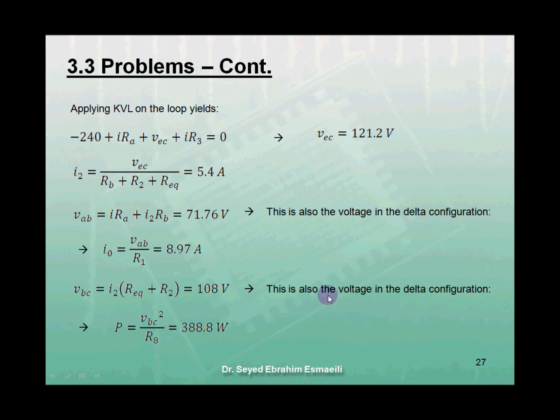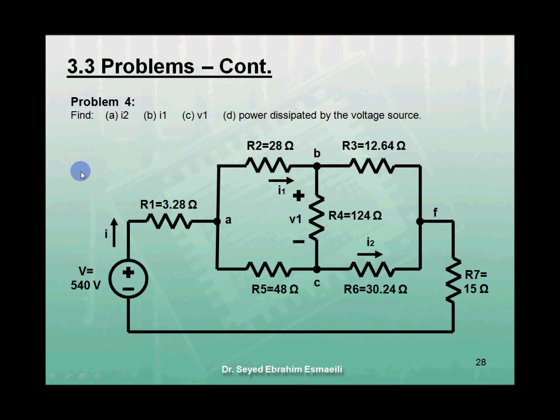This is also the voltage difference between nodes B and C in the delta configuration in the original circuit, from which the power dissipated in R8 equals VBC squared over R8, equals 388.8 watts. In problem 4, we need to find I2, I1, V1, and the power dissipated by the voltage source.